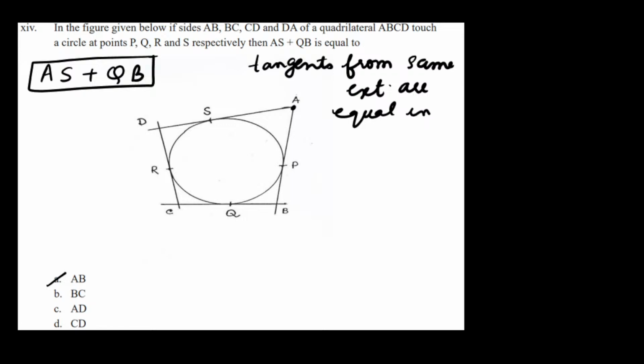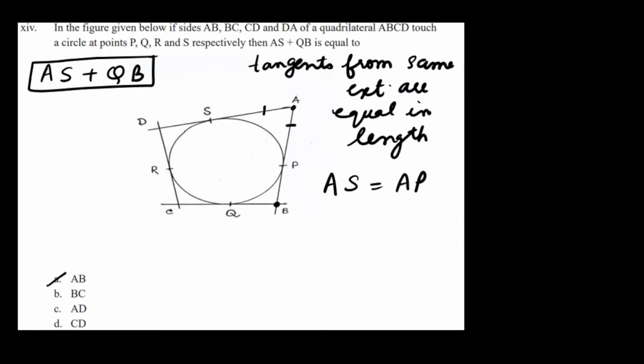So I can say AS is equal to AP, because they are from the same exterior point A.